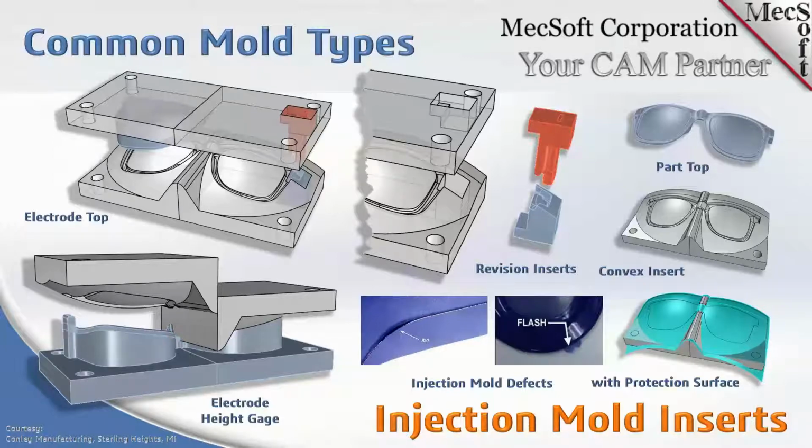And if those revisions get to such an extent that the mold cannot be revised anymore, either by adding material into the mold, and this is done regularly, typically in a welding process, where they'll add material into the cavity so that they can remove it with revisions in it, or they can cut holes in that insert using a wire EDM machine to get a precise insert measurement, where you can redesign an insert to go in the insert, which contains the revision.